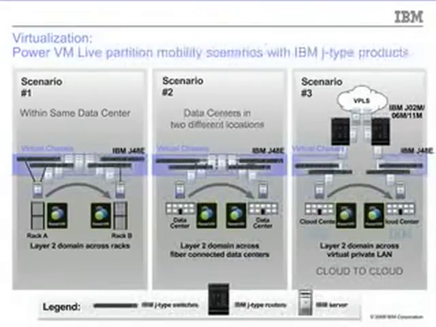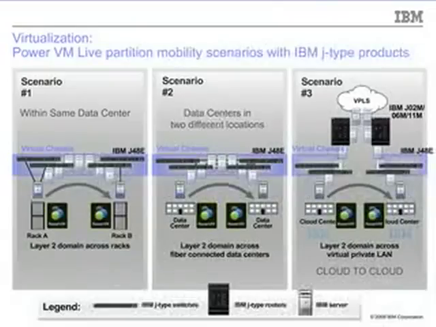Again, on the server side, if we have Power VM server virtualization software running on both ends, we would leverage capabilities like the virtual chassis, and we would also throw in the IBM M-series platforms with the VPLS technology to enable this flat layer 2 domain across two different clouds to achieve the same level of virtualization, and for the end user make it appear like these were two servers that were just adjacent to each other.